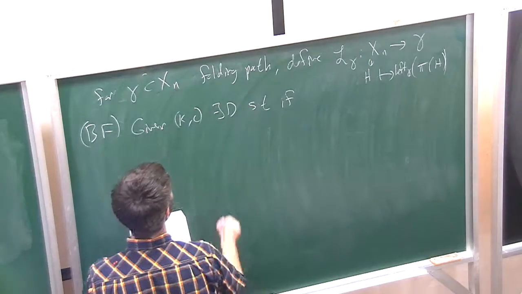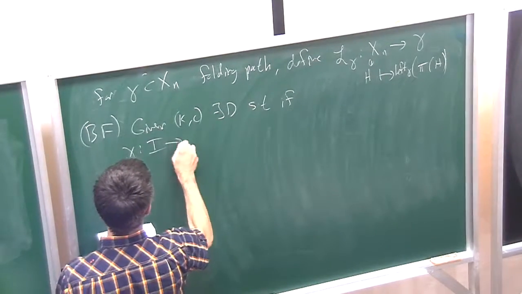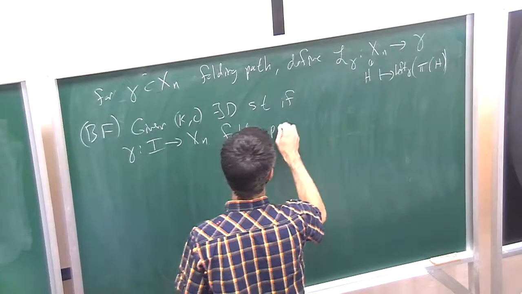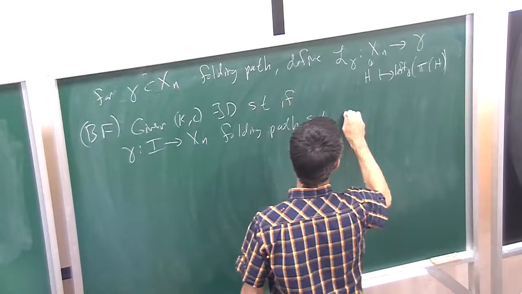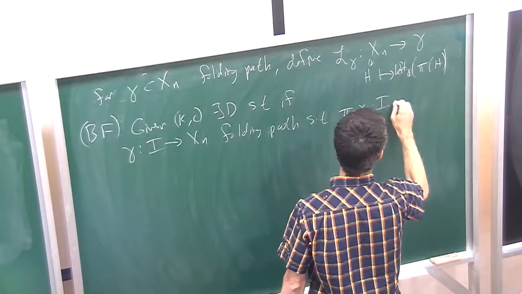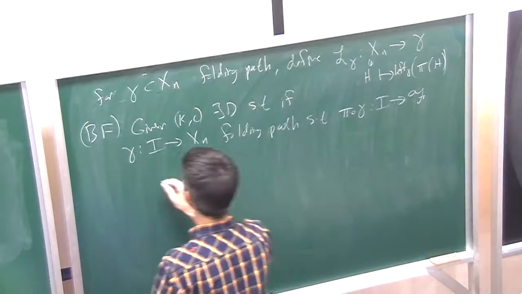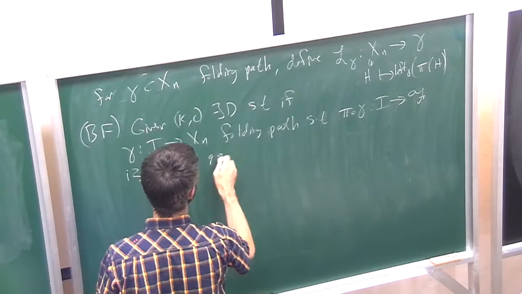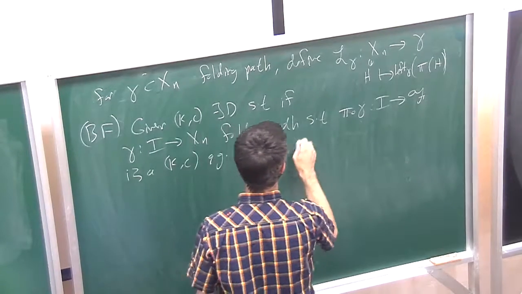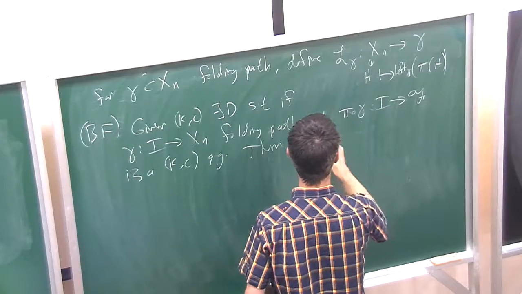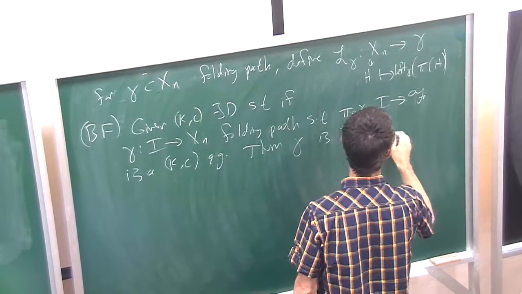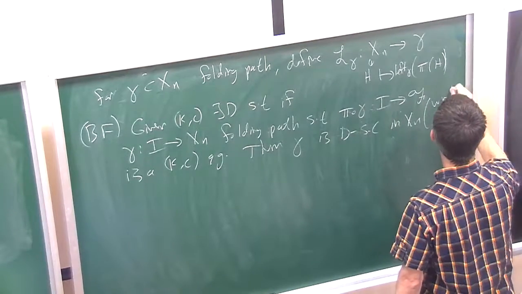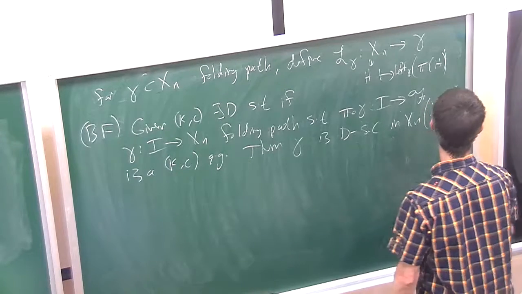So that implies that if I have a folding path such that when I project it to the free factor complex is a K, C quasi-geodesic, then gamma is D strongly contracting in outer space. Okay, and that's with respect to this funny projection L gamma that I defined before.